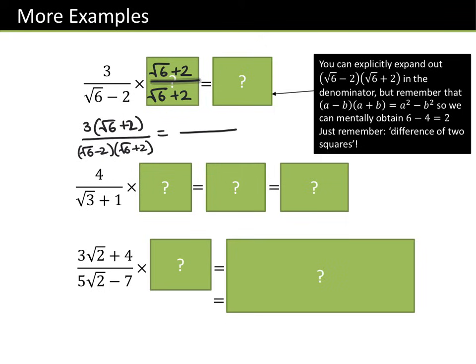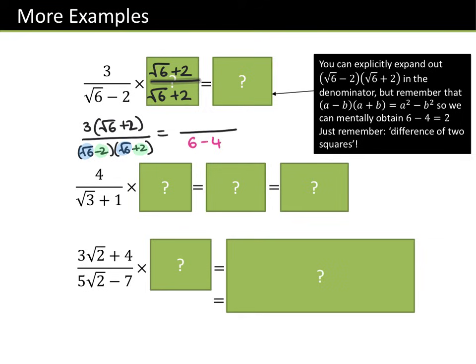Now, for those of you who want an easy way, you only need to do root 6 times root 6 and minus 2 times plus 2 for the denominator, because you know they're going to cancel. So you're going to get 6 minus 4 as the denominator.